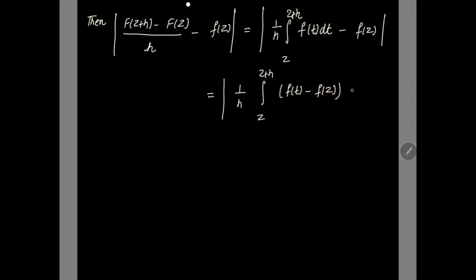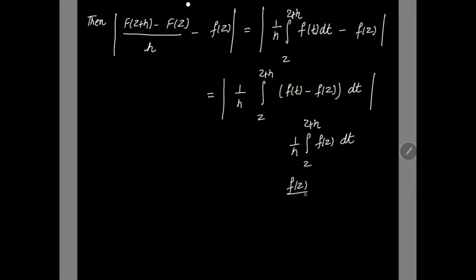Now how does this happen? If you solve the bracket, if you solve the second term with 1 over h, see what this will become. 1 over h integration from z to z plus h. Skip the first one, let's check the second one, f(z) dt. Since the integration depends upon t, f(z) can come outside.